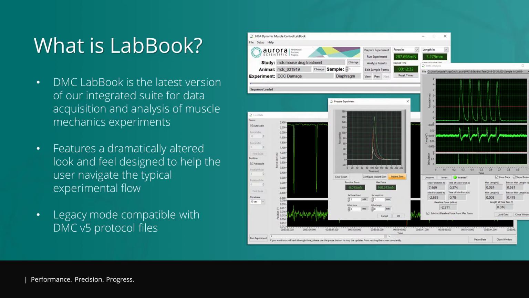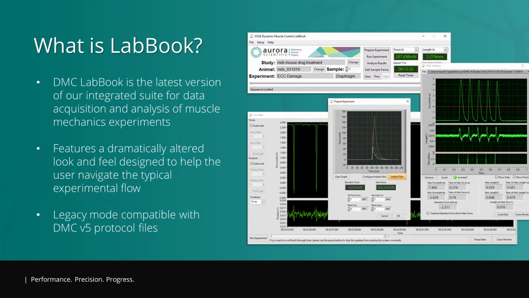And we arrived at this incarnation of the software. Through testing and some early experience now, we're very encouraged, and we believe that this is the layout that is going to help people dramatically improve experimental throughput.